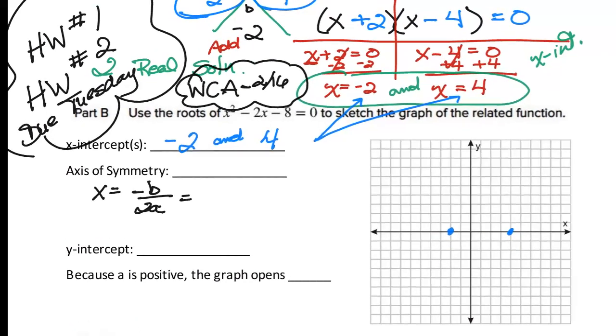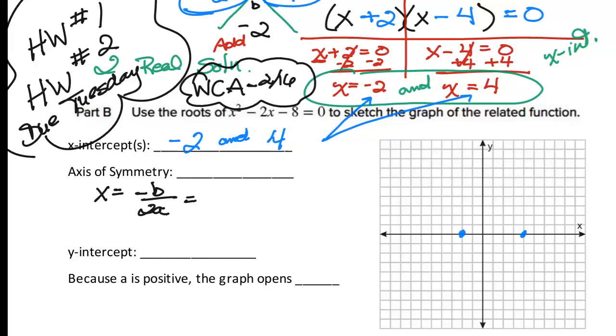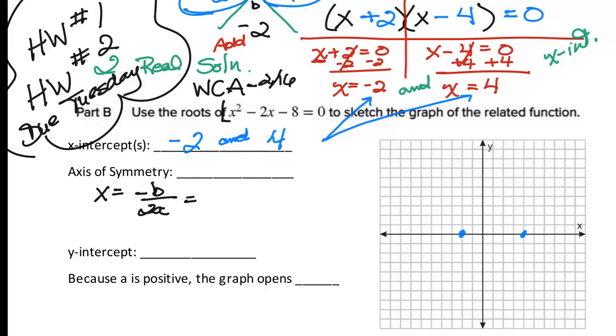So when we have this equation right here, my a, I'm going to write them down. A is equal to 1, b is equal to -2, and c is equal to -8.